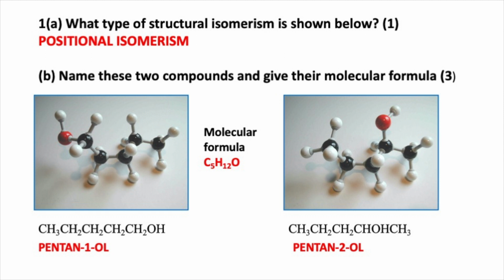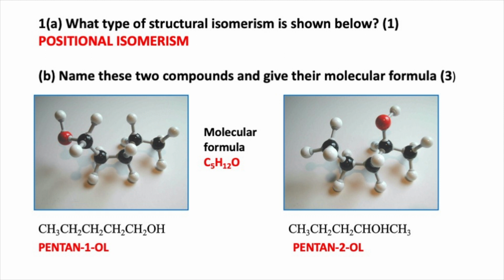Now, the next part of the question is asking you to name the two compounds and give their molecular formula. So our first compound is called pentan-1-ol because we have an alcohol, we have 5 carbons in the longest chain, and the OH group is on carbon 1. So that's why it's called pentan-1-ol.